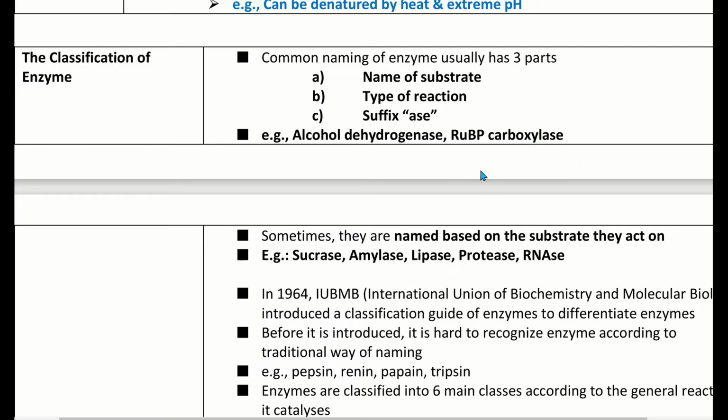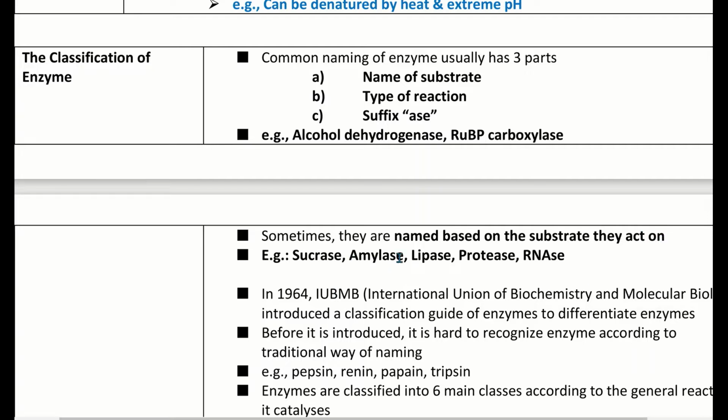Okay, so kalau yang ni apa nama substrate dia? RuBP. Reaction dia apa? Carboxyl. Maksudnya dia nak tambah carbon dekat RuBP ni. And then dia ada letak ase. So RuBP carboxylase adalah sejenis enzyme. Okay, sometimes they are named based on the substrate they act on. Contoh macam amylase.